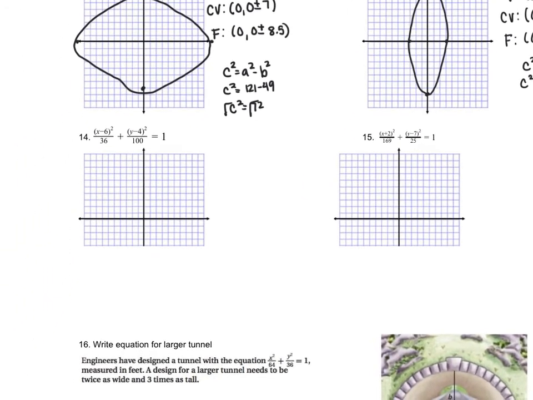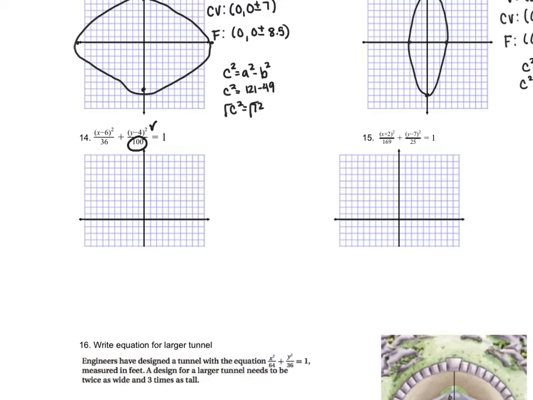Okay. Alright, so this again is a vertical because the bigger number's under your y. So my center is at 6 comma 4. My vertices are at h, which is 6, comma k, 4 plus or minus 10.